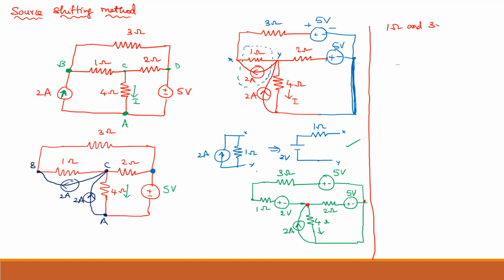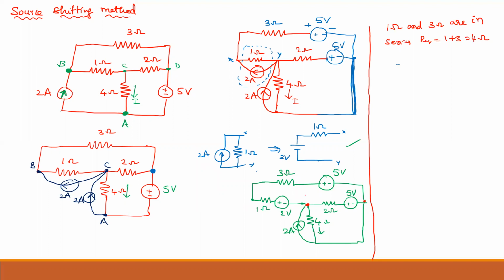You have to practice along with me so that it will be easy to understand. 1 ohm and 3 ohm are in series, so our equivalent will become 1 plus 3, 4 ohms. And I don't know whether these 2 volt and 5 volt sources are connected with the same polarity or opposite polarity, but I know that they are connected in series because it is the same wire.